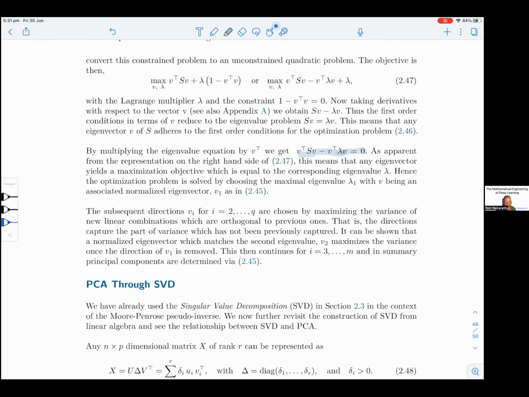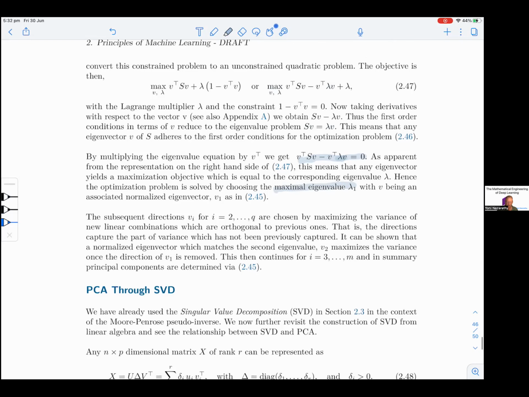Hence, the optimization problem is solved by choosing the maximal eigenvalue lambda 1, with V being an associated normalized eigenvector V1 in 245. So we actually see that the maximal eigenvalue lambda 1 is the one to choose.